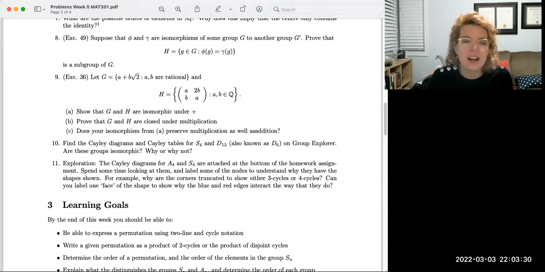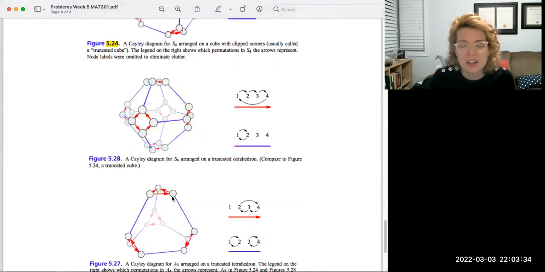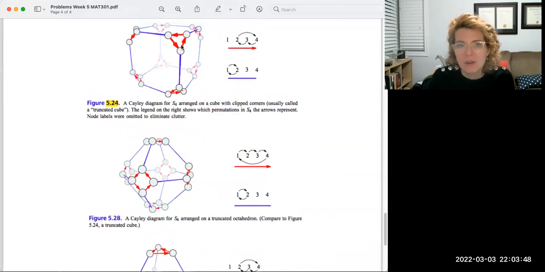Okay, and then for the exploration, what I encourage you to do is take these diagrams and actually label the nodes. So choose one of them to be the identity. They're all equivalent, really. So choose one to be the identity and then say, okay, if this one's the identity, then when I follow a red arrow, it's going to be this permutation.